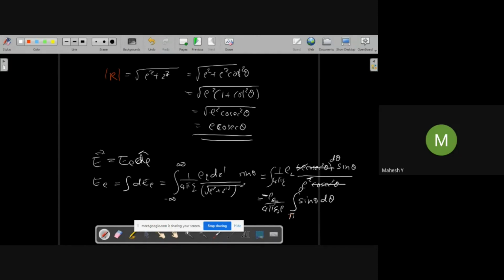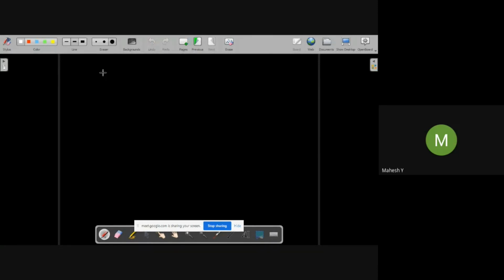So can you find the integral? Try once how to find the value.